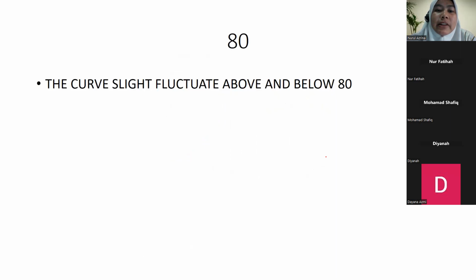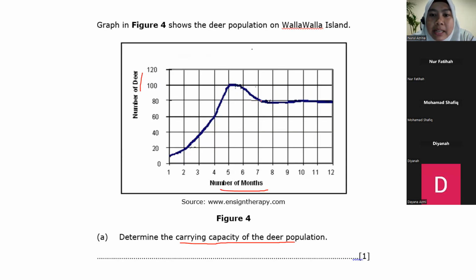You can see that the curve fluctuates slightly above and below 80. This is what we learned earlier: population growth will fluctuate slightly above and below the carrying capacity. So the carrying capacity is 80. It means Walla Walla Island can support up to 80 deer with all the resources available.